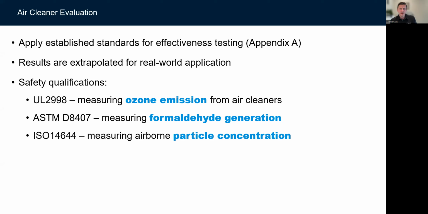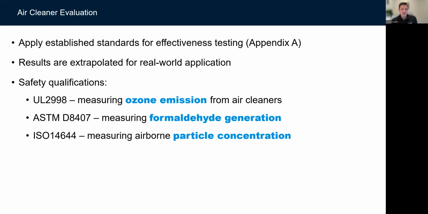And then from a safety perspective, I mentioned the word byproducts. I mentioned them earlier, but what is embraced in 241 is that UL 2998, which is an established third-party test for ozone emission, needs to be evaluated on each product. ASTM 8407 is to evaluate formaldehyde generation.